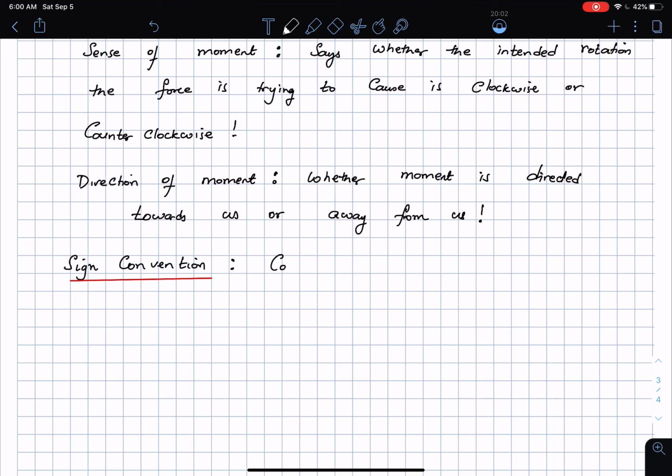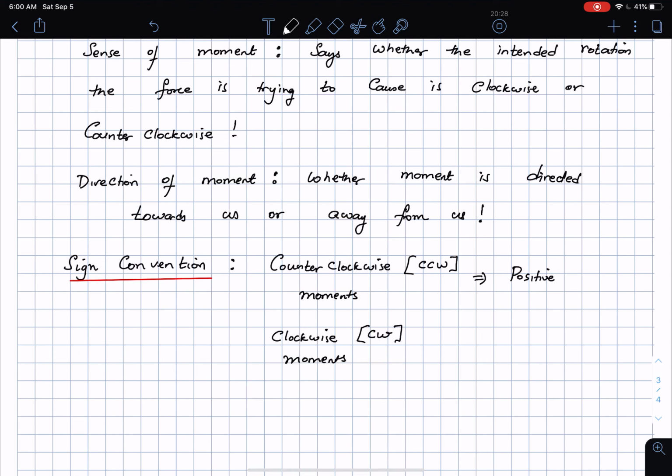And here is my shorthand notation for that: CCW moments are positive, and clockwise moments, which are CW moments, are treated as negative.